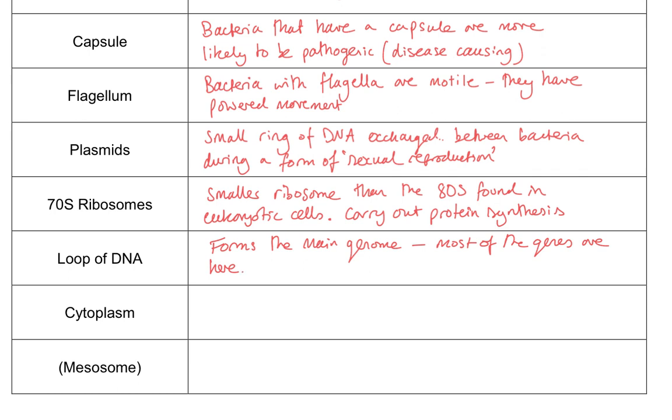And it's not wrapped around these things called histones. So just put that down. So it's not associated with histones, like a protein that ours are, because we're a eukaryote, we spool our DNA around histones.